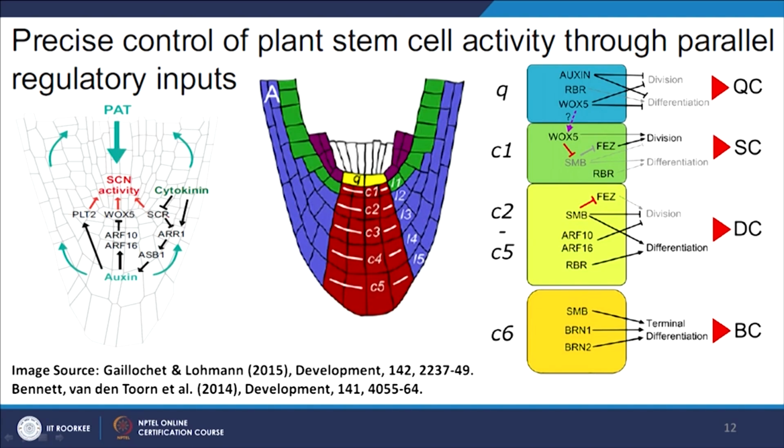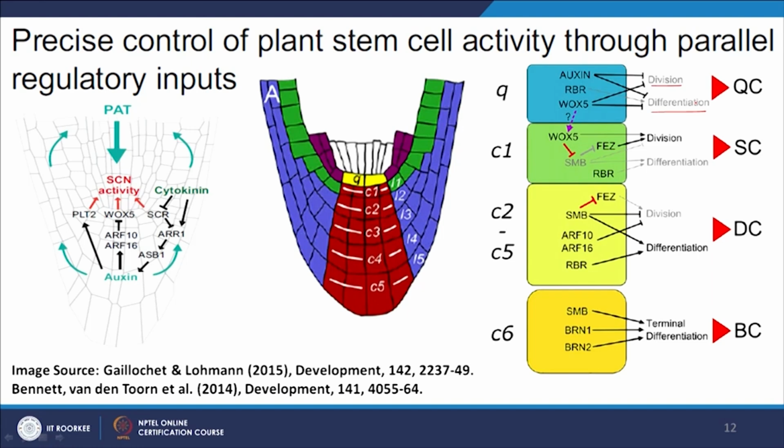Here you can look at how the regulation works layer wise. So, this is your QC, this is C1, C2, C3, C4, C5. What happens in the QC? In the QC there is less division, less differentiation, or you can say QC has no division, no differentiation.